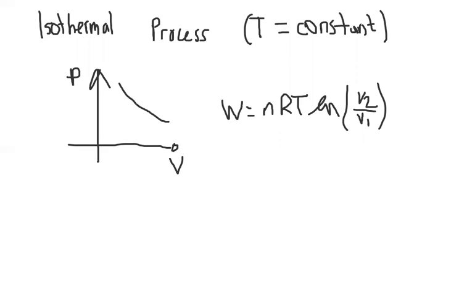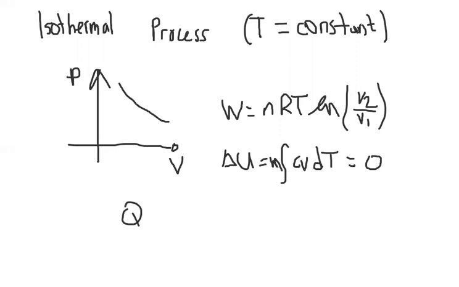So, since the temperature is constant, well, delta U, which is the integral of Cv dT, since the temperature is not changing, is going to be equal to 0. So in this case, the heat is going to be equal to the work, nRT natural logarithm of V2 over V1.